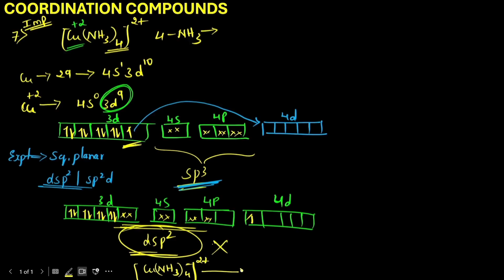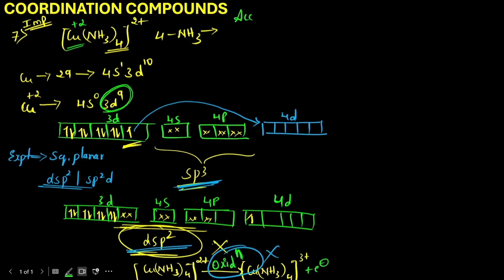When the unpaired electron of 3d is shifted to 4d, it is ready to lose one electron and becomes [Cu(NH3)4]3+. That means here oxidation is taking place, which is not possible. Therefore, again, dsp2 is not the hybridization.